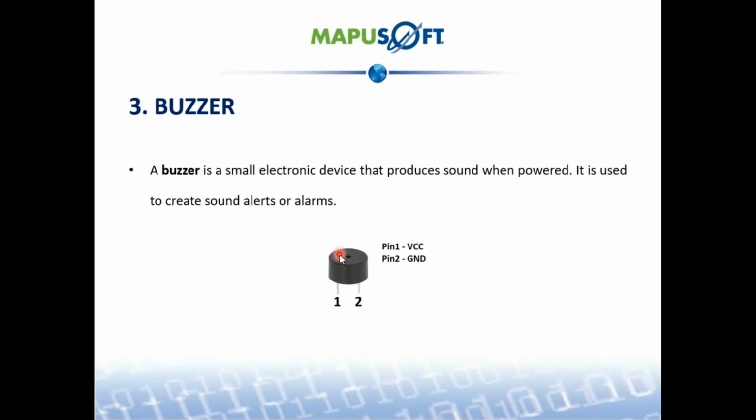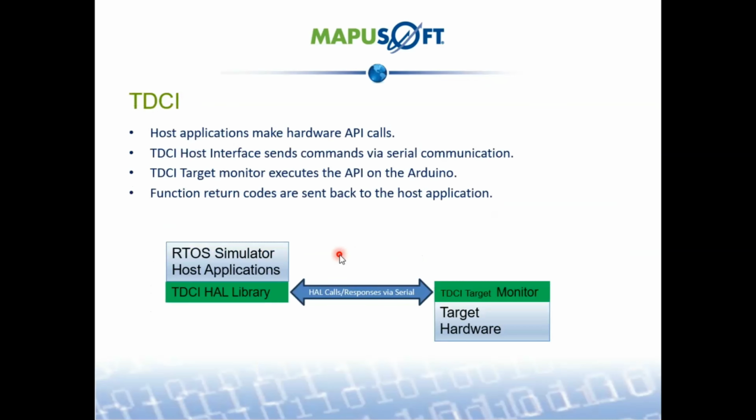Then the buzzer, which provides audible alerts when overheating is detected. And the TDCI mechanism facilitates seamless communication between the Cortex and the host system for real-time monitoring and dynamic adjustments. The host system sends commands and monitors the temperature readings in real time.